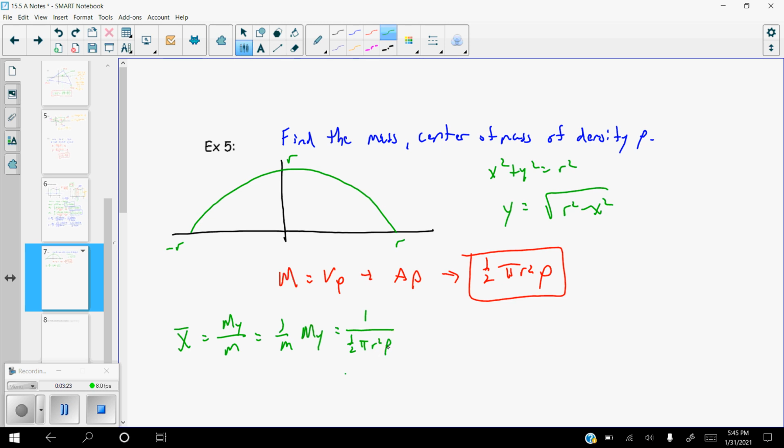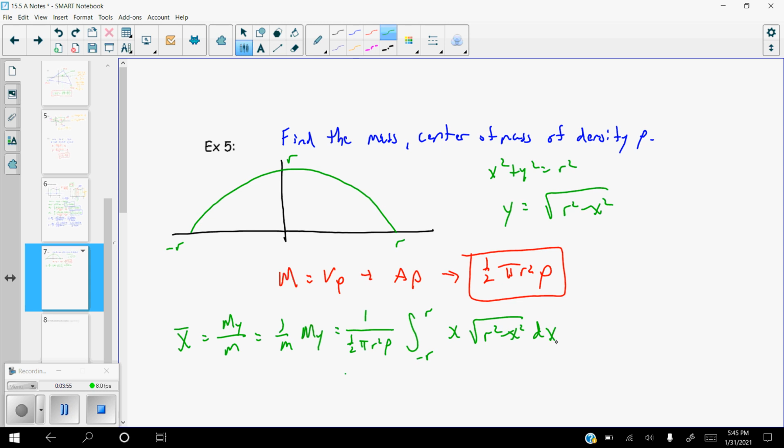The moment of y is going to be the integral. We have to take this thing and integrate it from left to right. So that's going to be from negative r to r, because these are functions of x, of, now remember, even though it's the moment of y, we're doing the x bar part. So it's the x's times the f of x's. So x times the function of x, the square root of r squared minus x squared, dx.